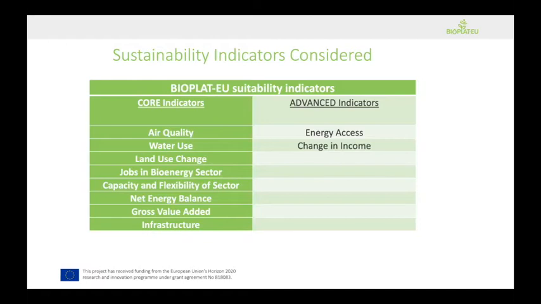And then there are indicators in the set that are too specific, for example soil quality or water quality. Since we are working with this tool in an automatic way and we are considering the whole of Europe, it was not possible for us to add these indicators. So that's why we have fewer indicators.